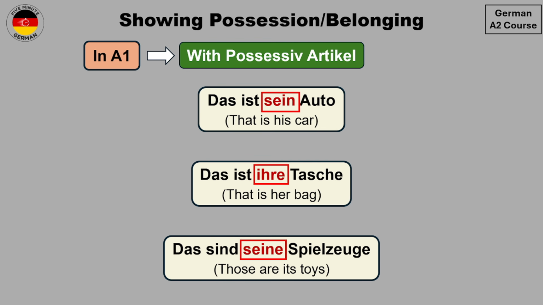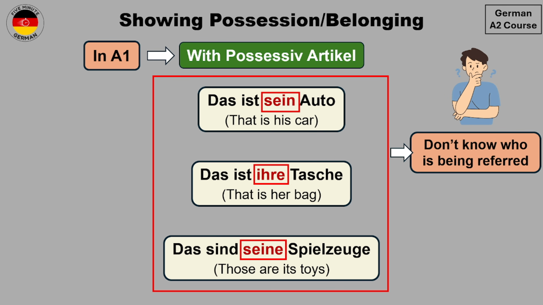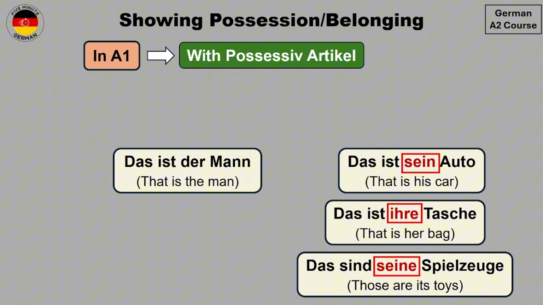However, there is one problem in all of these sentences, and that is that when we use these sentences alone, then we don't know who is being referred or who is being talked about over here. And for this, we need some more information so that these sentences make more sense. Now let's add some more information so that we know who is being referred. So for the first sentence, I can write, das ist der Mann, that is the man.